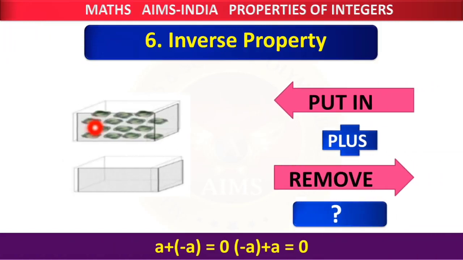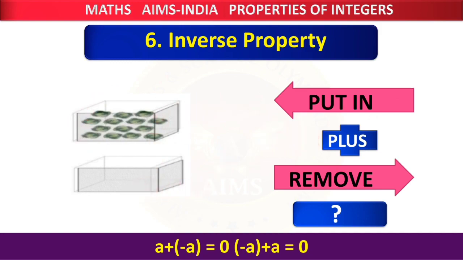What does inverse mean? Inverse means the reverse. Like for example, here what I did, I put some leaves in this box, and then I removed all those leaves from the box. When I put and remove the same number of leaves from a box, what will my answer be?